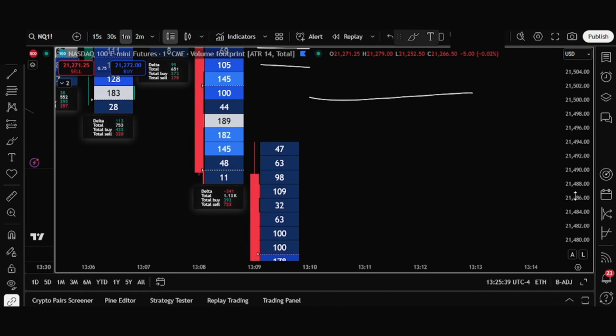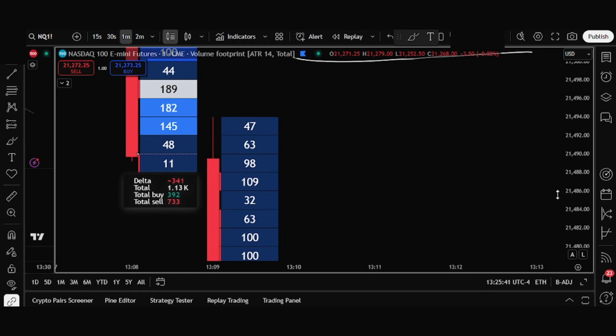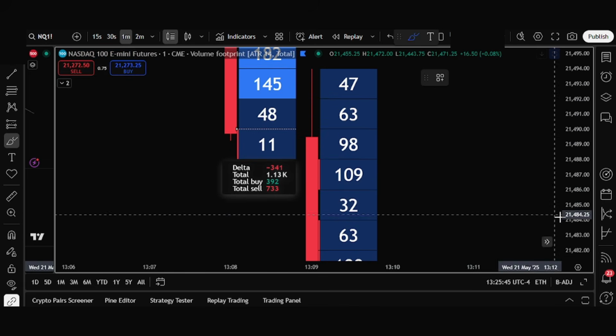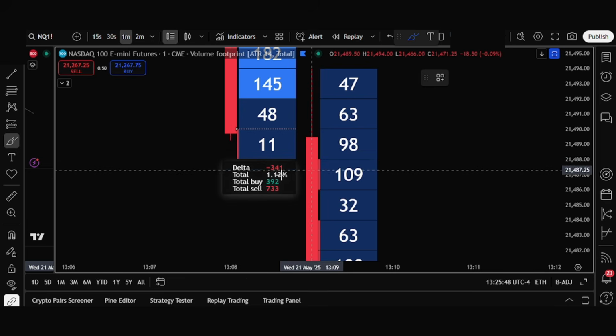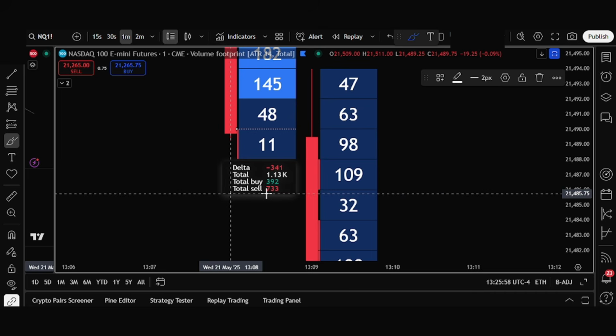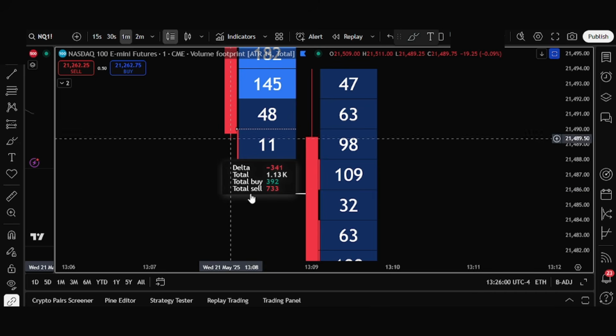It will show the volume footprint. And here, as you can see from the volume footprint, it will show the delta, the total volume of this candle, total buy orders, and the total sell orders which were executed in this candle.